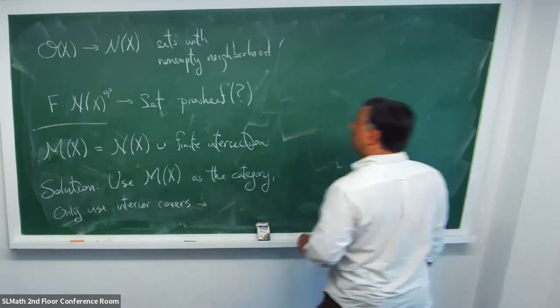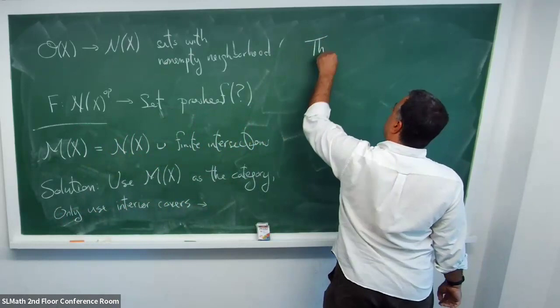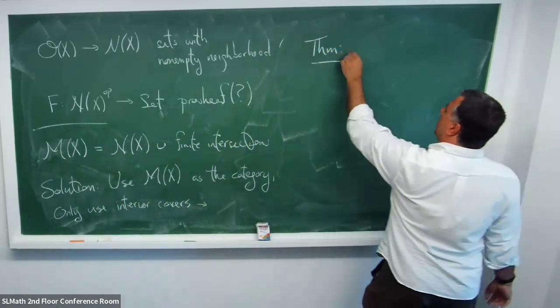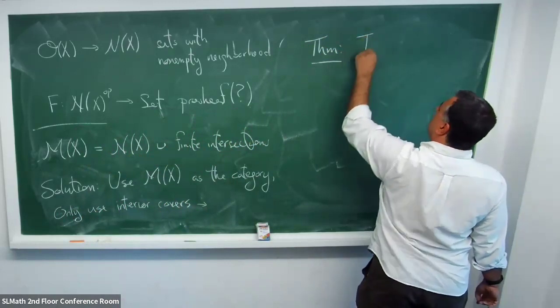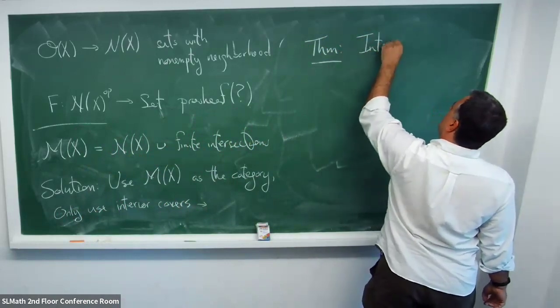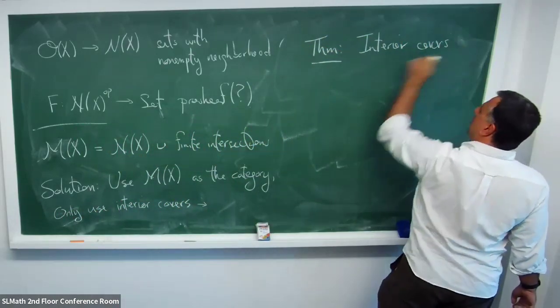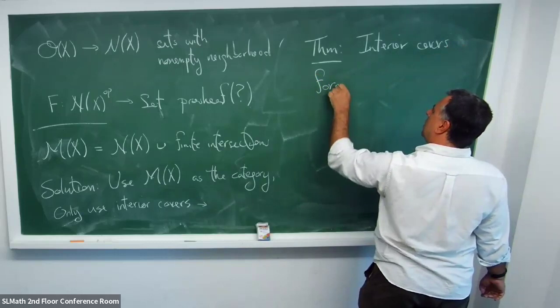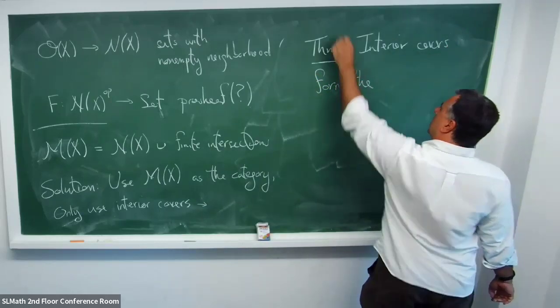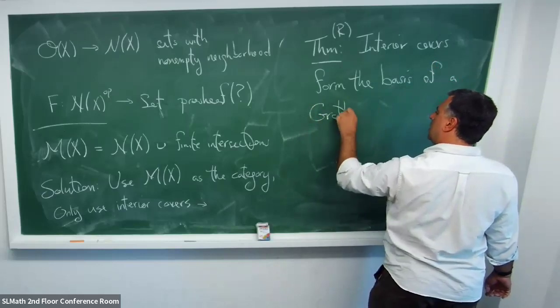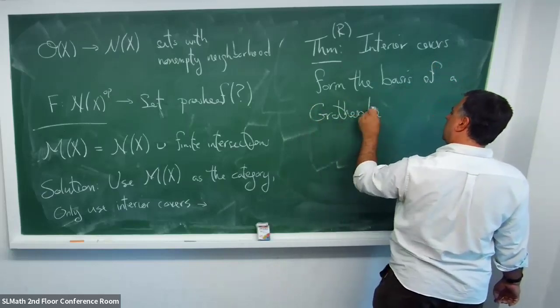And the first theorem is that this is sensible: interior covers form a Grothendieck topology on the category.